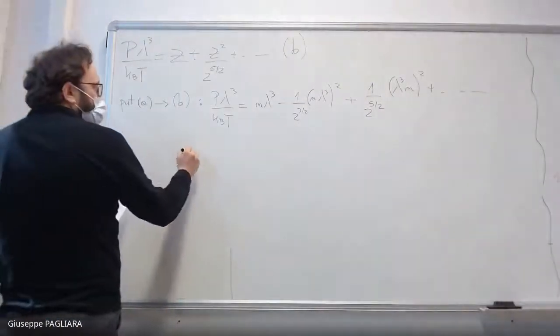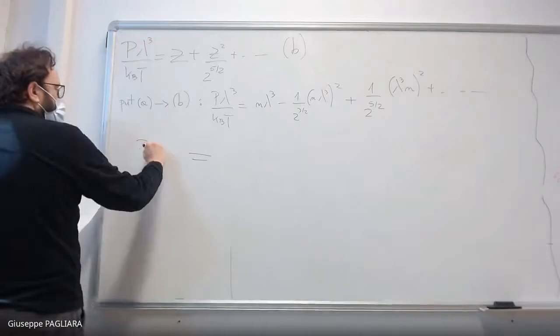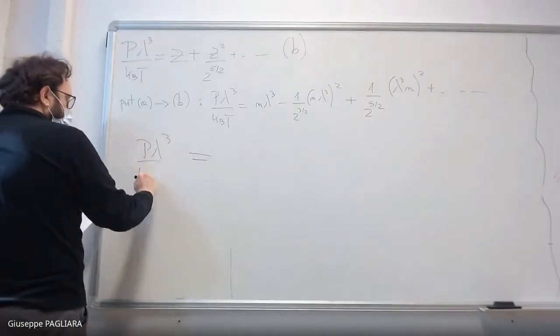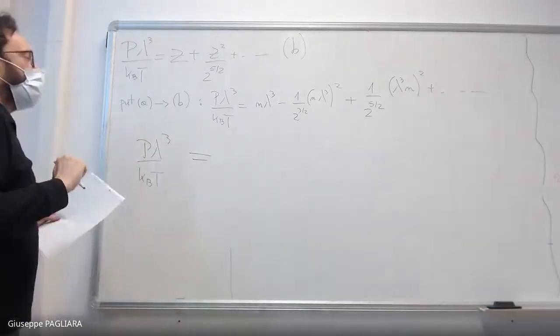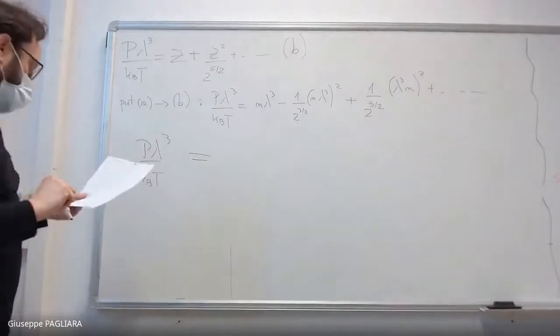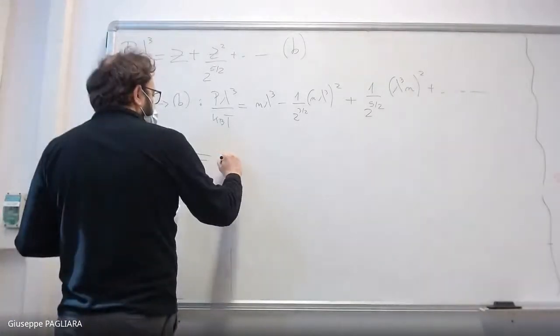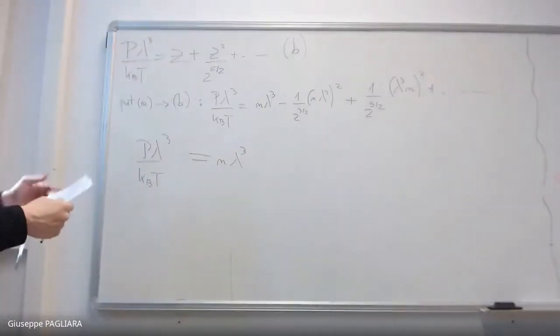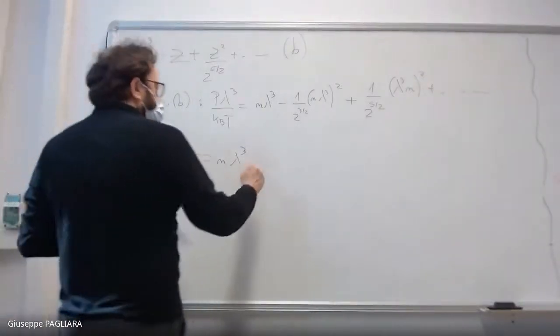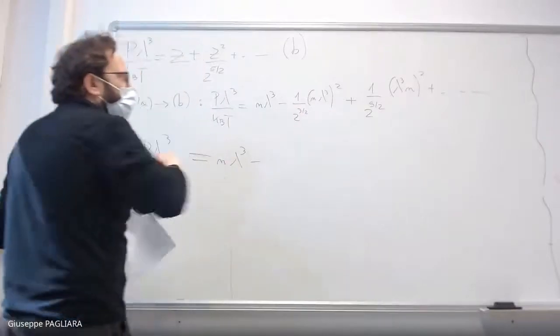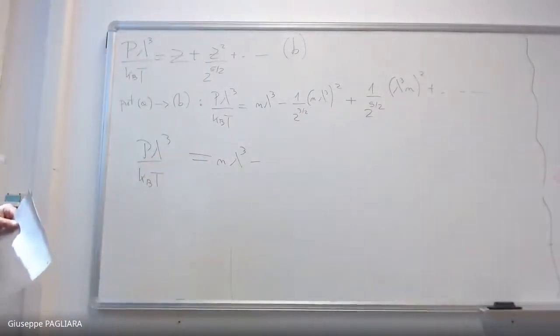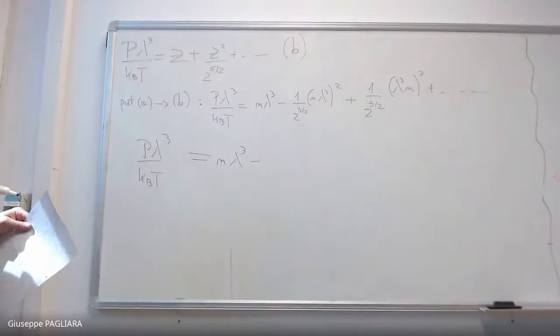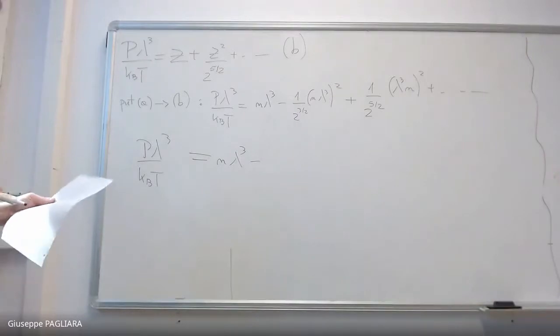And here I get that P lambda cubed divided by KBT is equal to n lambda cubed, that is the leading term. And then you get minus, if you do this calculation, I have to do 1 divided by 2 to the power of 5 half minus 1 divided by 2 to the power of 3 half.